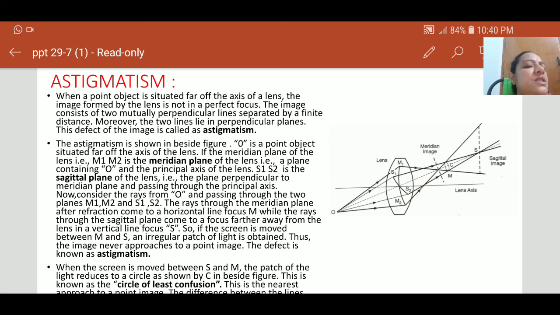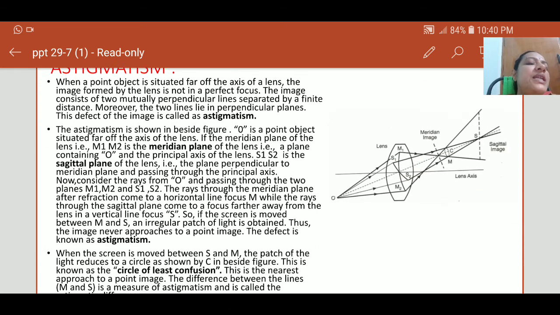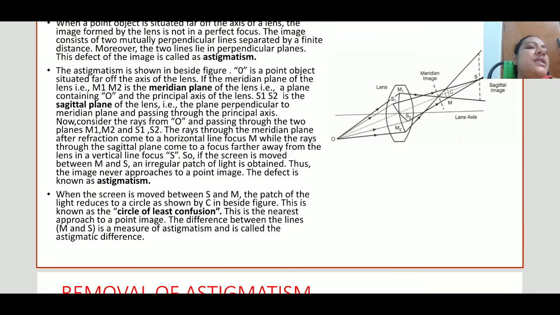The plane perpendicular to the meridian plane is called the sagittal plane. The rays incident on the sagittal plane meet at a farther point from the lens and form the image at S, that is the sagittal image.